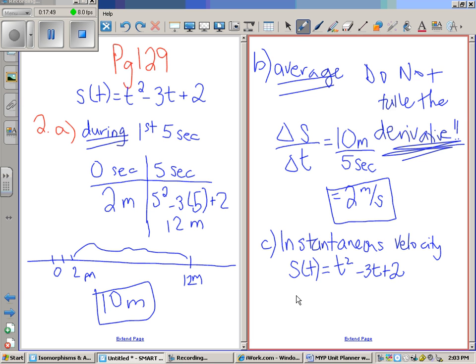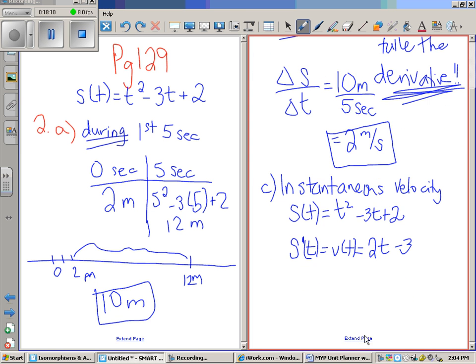So now differentiate s prime of t, which is also written as v of t, because the derivative of position is velocity, is given by 2t minus 3. And the problem asks for the instantaneous velocity at t equals 4 seconds. So v of 4 equals 2 times 4 minus 3, which is 5.